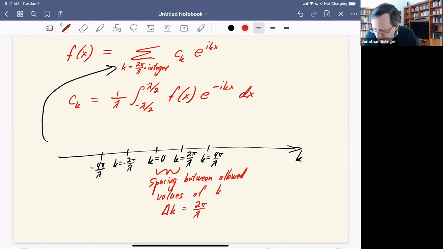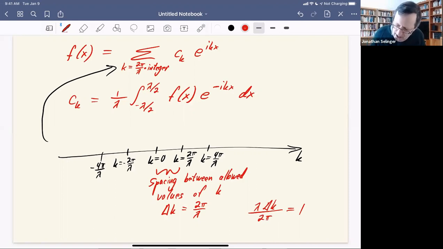So that tells us that lambda delta k over 2 pi is equal to 1. Now with that, I want to rewrite the first equation here in a slightly tricky way.